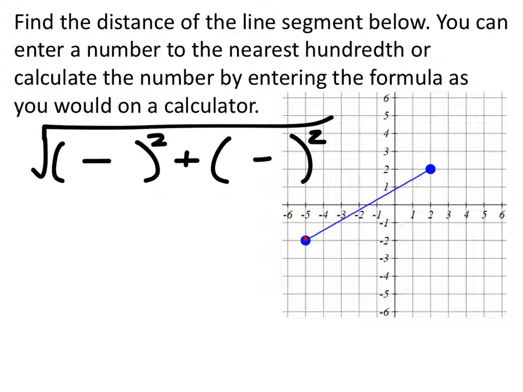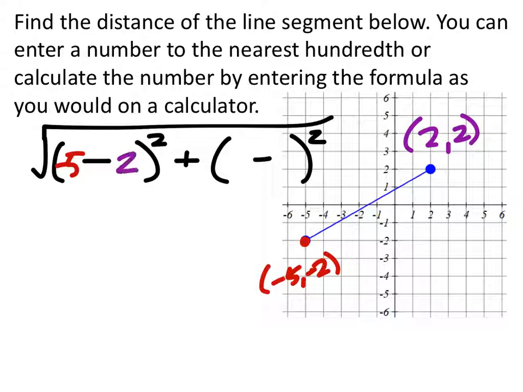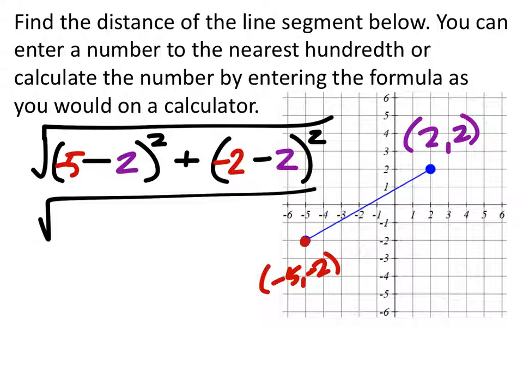So the x values, just to acknowledge that, this point here is negative 5, negative 2. And then my other point here is at 2, 2. So I'm going to take my x value, start with negative 5 going to 2, and then my y value, negative 2, going to 2. And we'll take the square root of that action. Negative 5 minus 2 is negative 7.